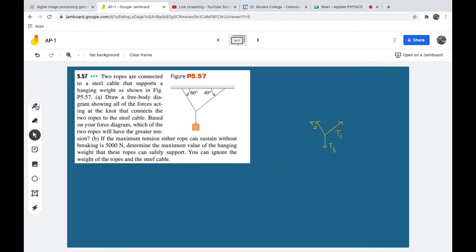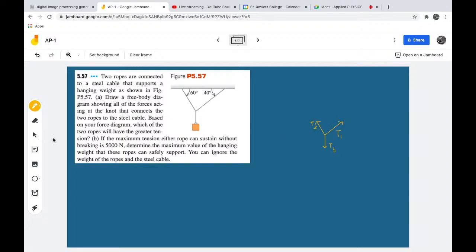Now, yeah. So, how do you resolve your forces? So, remember that this is 60 degree and this is 40 degree. This is not 90. It is less than 90. So, T1 and T2, these forces are not orthogonal forces.